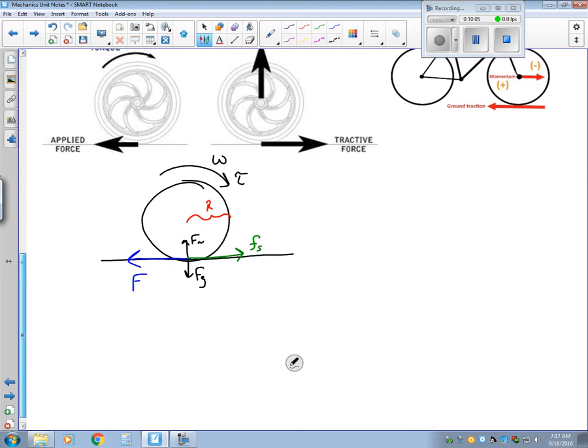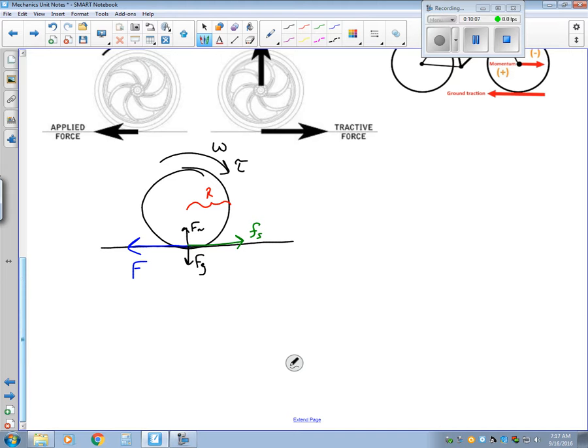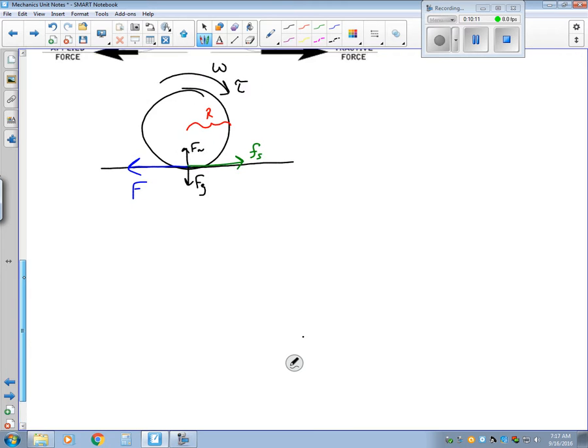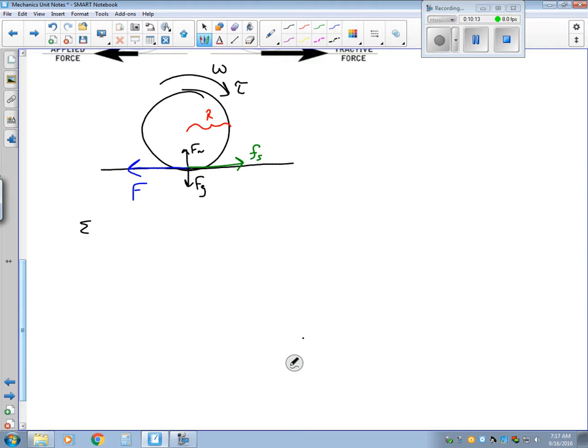So if I were to do a little bit of math here, I can start to look at forces along their x and y axes. So when I study the forces along the y-axis, I get the normal force minus the gravity force, and that equals 0. They're in equilibrium. They cancel each other out. So the normal force equals the weight of wherever that tire is, or the weight placed on the tire.